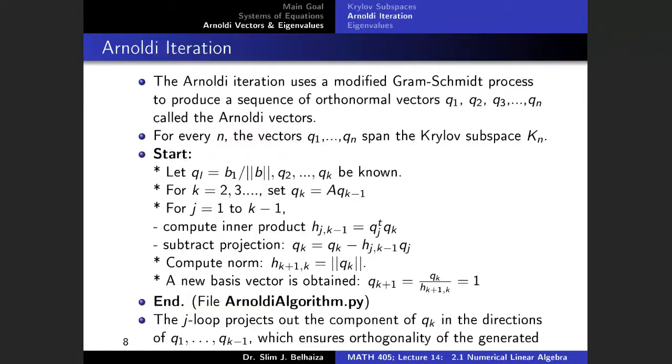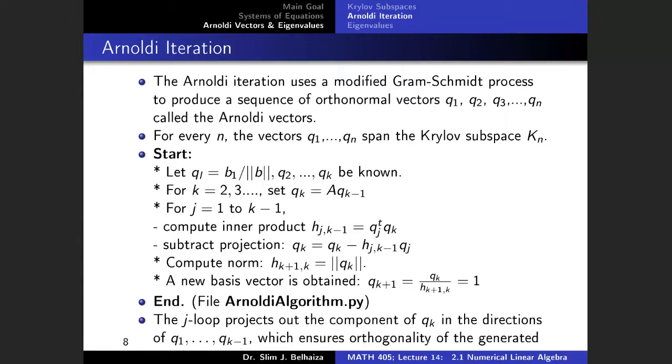Okay? So let's see the Arnoldi iteration. The Arnoldi iteration is a kind of development of the modified version of the Gram-Schmidt process. It uses a modified Gram-Schmidt process to produce what? A sequence of orthonormal vectors, or orthonormal bases, for the Krylov subspace.